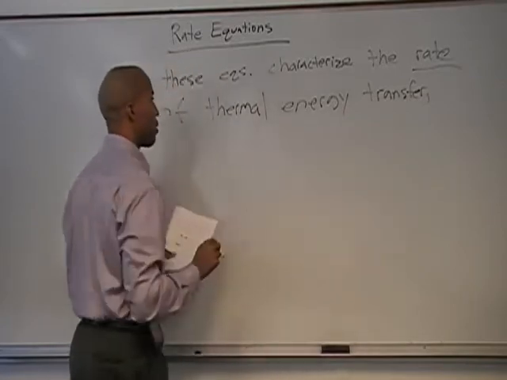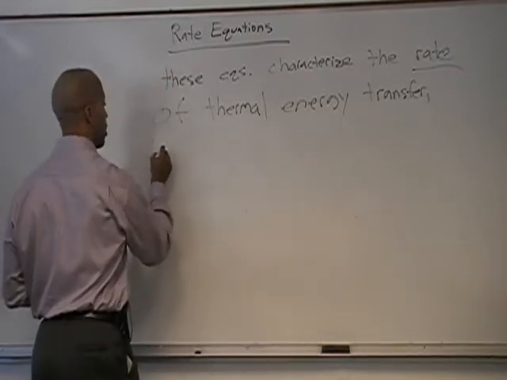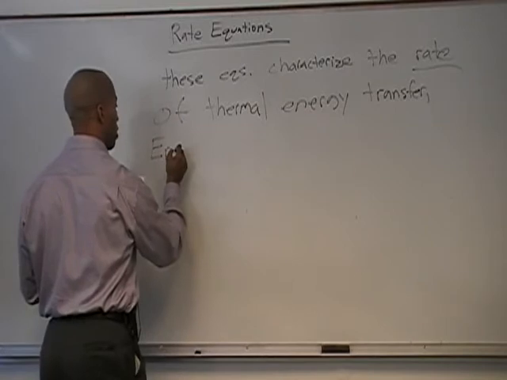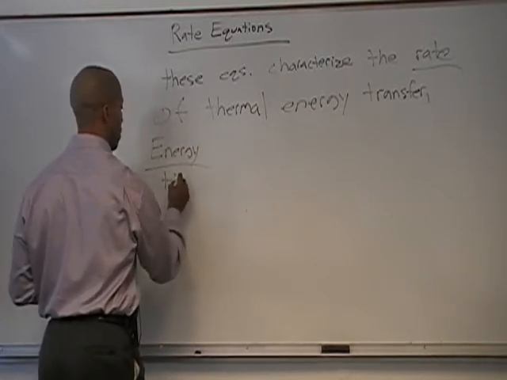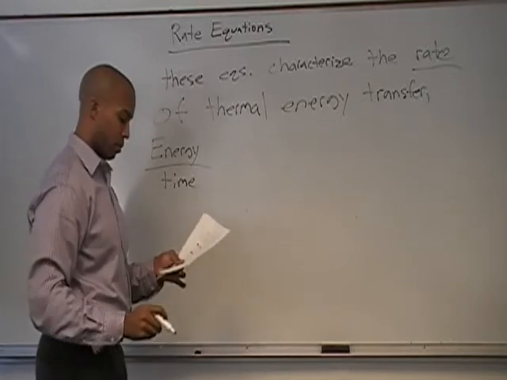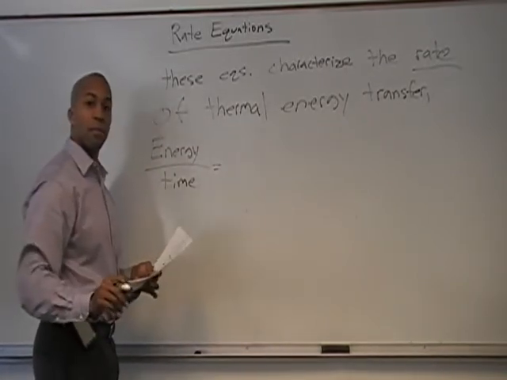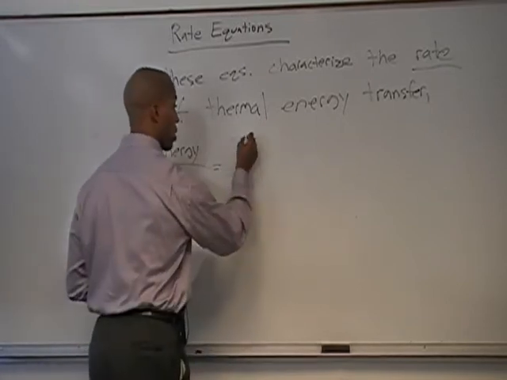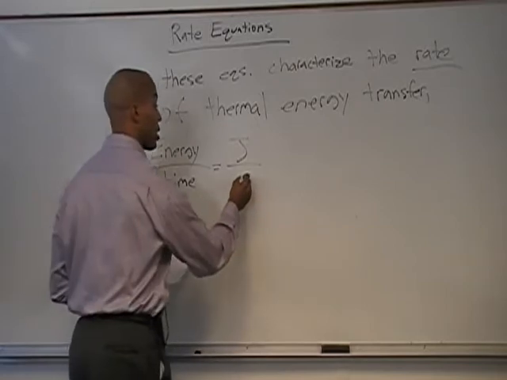And this rate of thermal energy transfer, right? We're talking about a rate here, so we're thinking about energy over time. Right? So our units for energy are joules. That's what we'll use throughout this course. And time, of course, is seconds.